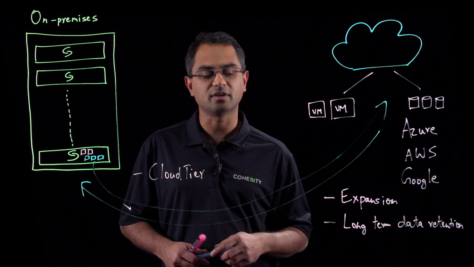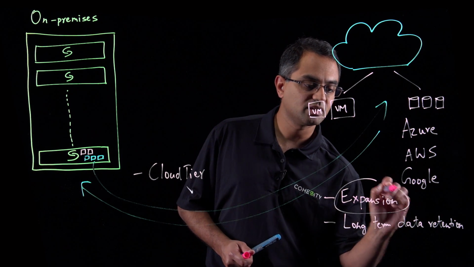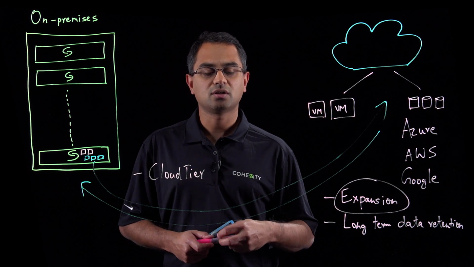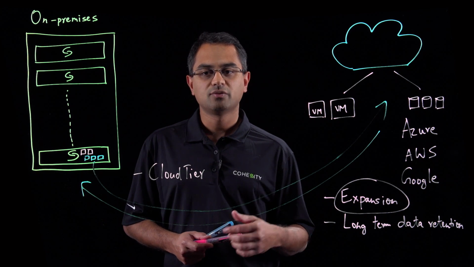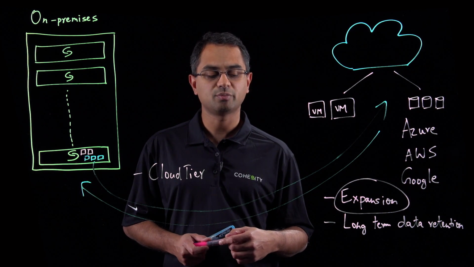So that's cloud tiering. So this solves the use case around expansion, the case where you want to leverage the likes of Azure and AWS and Google for just extending your storage capacity in the on-prem.